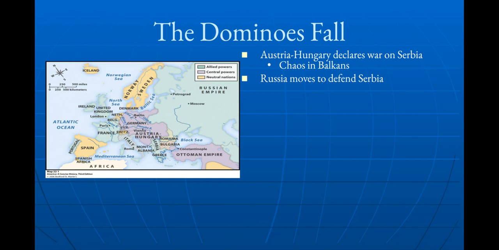So it's almost like some sort of game. Austria-Hungary declares war on Serbia. Russia moves to defend Serbia. So now you have Austria-Hungary, Serbia, Russia. Right there, you can say that it's somewhat contained. If those were the only powers involved here, you could maybe see a quick end to this war.